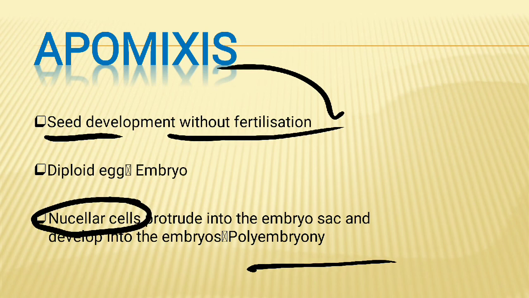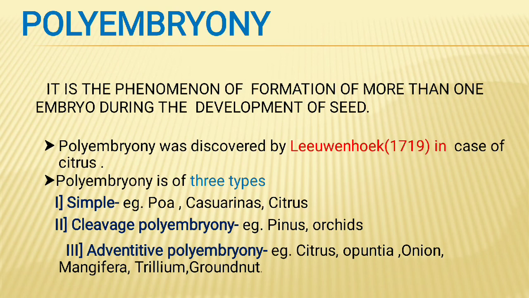Sometimes the nucellus cells, the parenchymatous cells which give nourishment, protrude into the embryo sac and develop into many embryos, which we call polyembryony. As the name indicates, poly means many, and embryony relates to embryo formation.